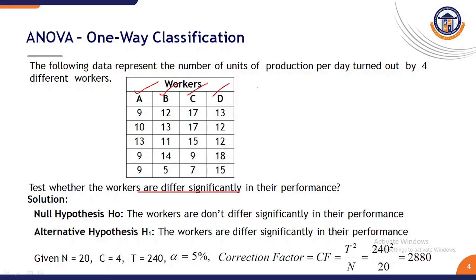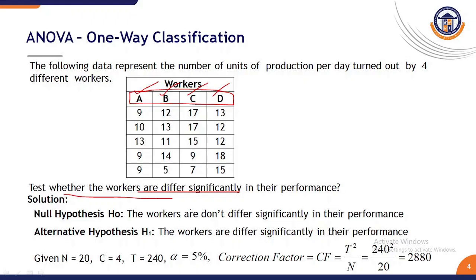We have to verify whether these outputs are equally distributed or not. Here the only one criterion, that is output of four workers, is considered, so it comes under one-way classification. So to check the equality of these four workers' performance, we have to apply the one-way classification technique.